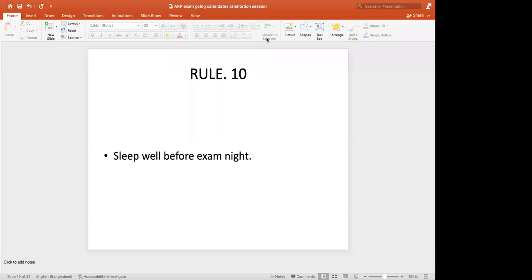So rule number 10, sleep well and drink a lot of water. Don't stress out. Don't take propranolol or sleeping medicine, because it will make your brain hang. Some people have migraine, some people have hypertension. Try to take the medicine in the daytime. Don't take those medicines at night time, because the exam is usually in the morning. And if your brain is hung, you cannot think rationally. So take your medicine in the day, sleep well and drink a lot of water.